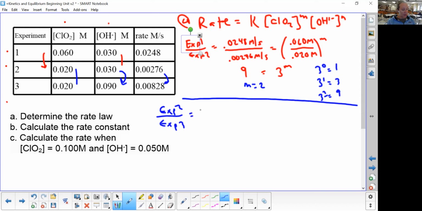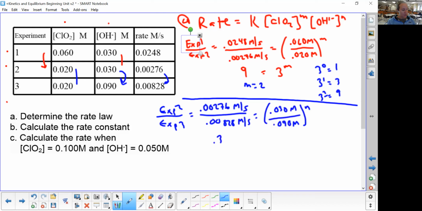So 0.00276 molarity per second over 0.00828 molarity per second is equal to 0.030 molar over 0.090 molar raised to some power n. When you divide these, you get 0.33, and 0.33 raised to the n, so n is equal to 1.